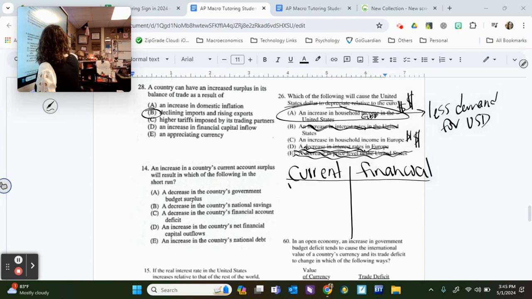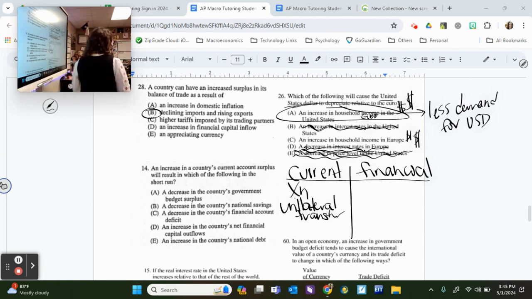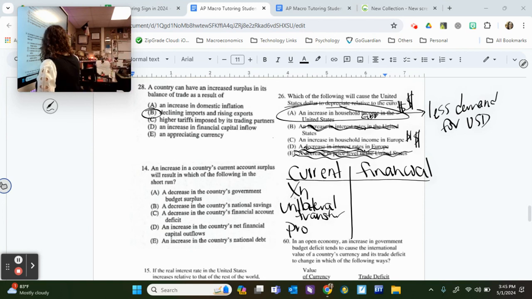Let's talk about everything in the current account. XN. Unilateral transfer payments. What's a unilateral transfer? A one-way transfer of money. You're not buying anything, you're just sending financial aid to Haiti or whoever. And then also profit. Profit from the financial account.